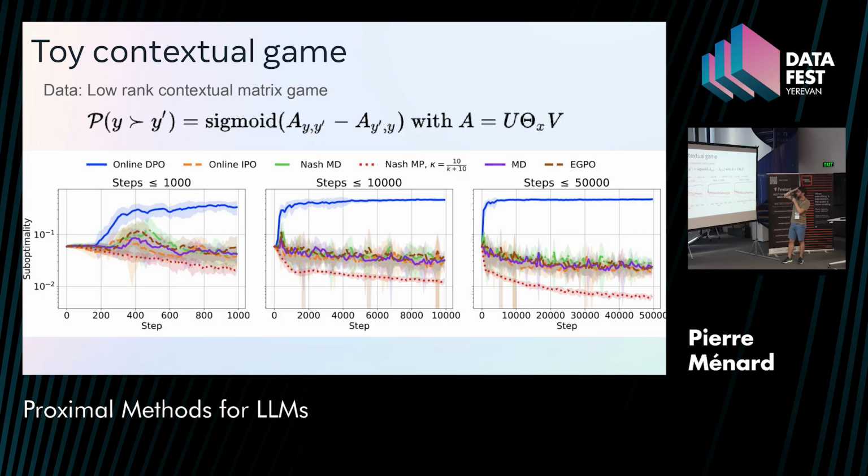The only thing we can note is that this problem is made for the DPO algorithm to not work well, and it's exactly the case. And if you remember, maybe this morning, Michal's talk, it's because of this transitivity of preference thing. But overall, we see that the Nash Mirror Prox algorithm works well, especially if you wait enough.